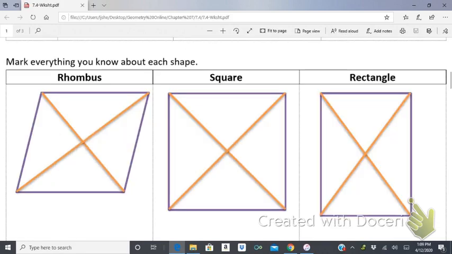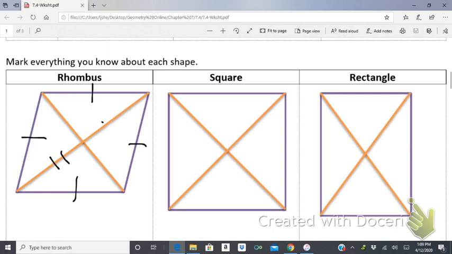So let's actually go through and mark up these pictures, because this is going to be pretty important. Okay? So a rhombus. First off, all sides are congruent. Secondly, we know that the diagonals in a parallelogram bisect each other. That's from yesterday, that's from 7.2.